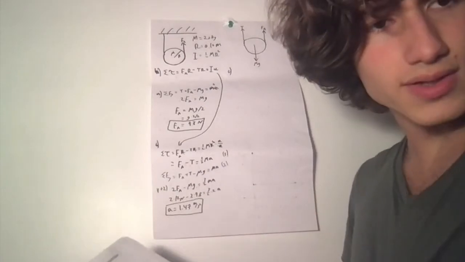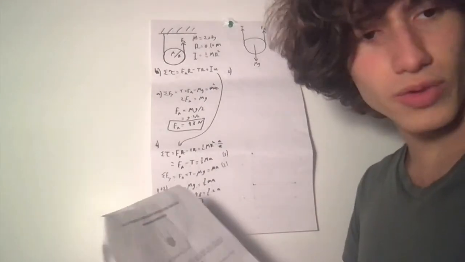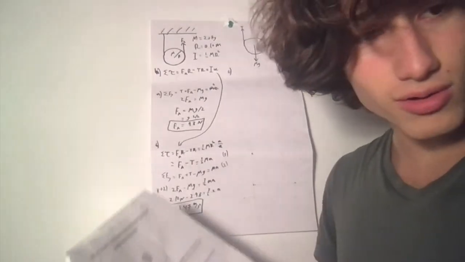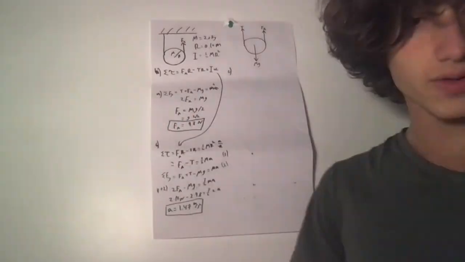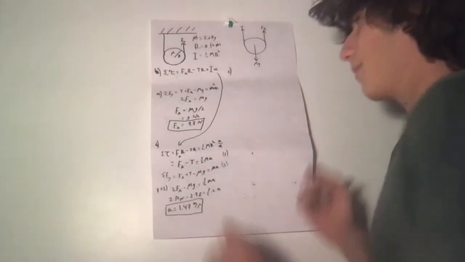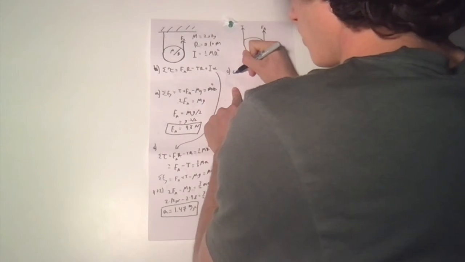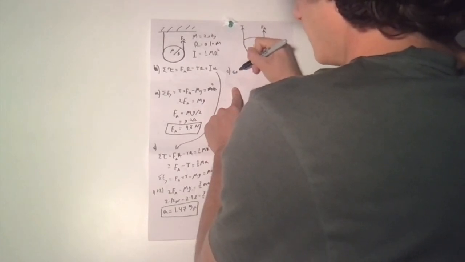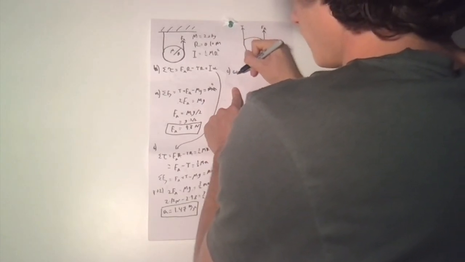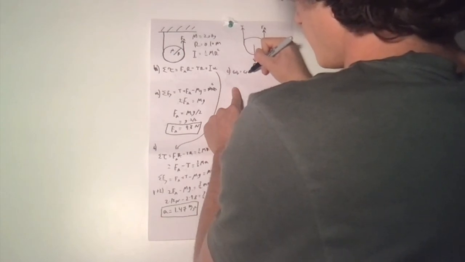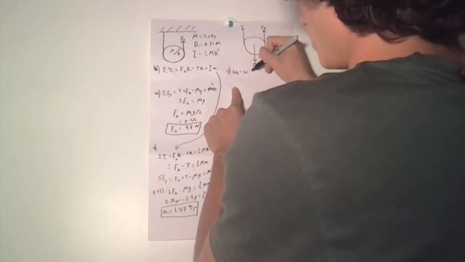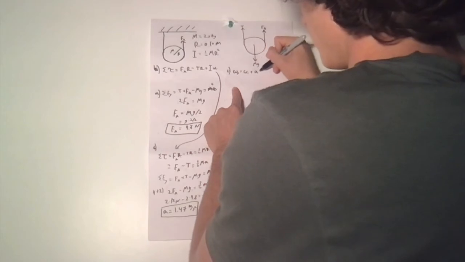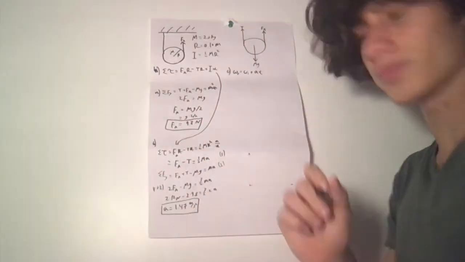This should be simple enough to do with our new and improved angular kinematic equations. If we remember, angular speed final is equal to angular velocity initial plus acceleration times time.